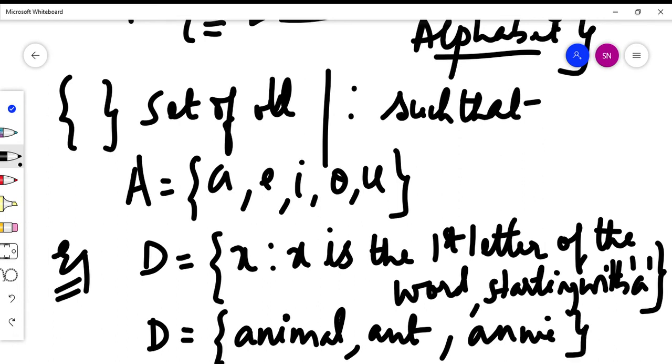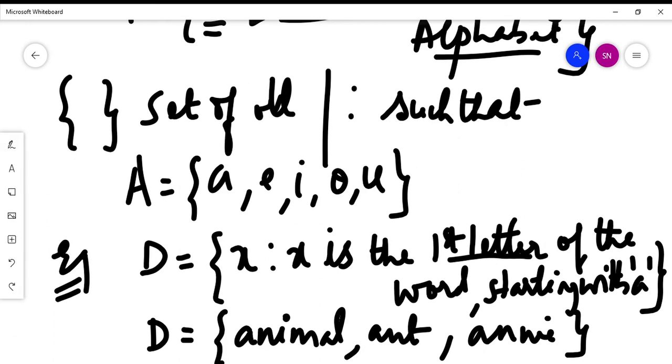Here, I have been given a property, a characteristic, which is the first letter of the word starting with A. So I can write as many examples as I want because they have not told me where to stop. They are not telling how many elements I should include.